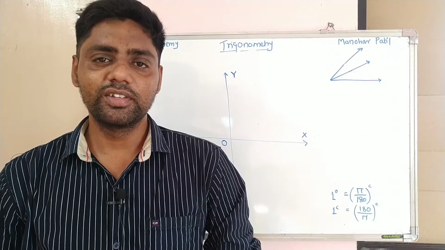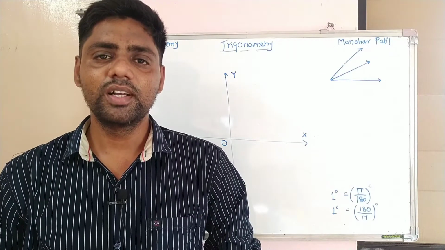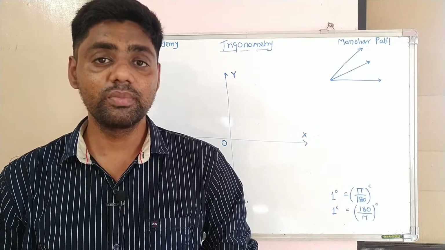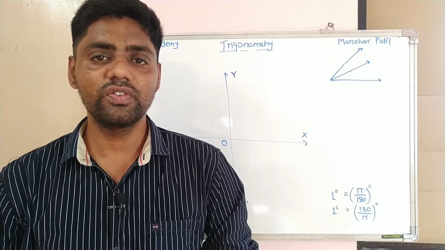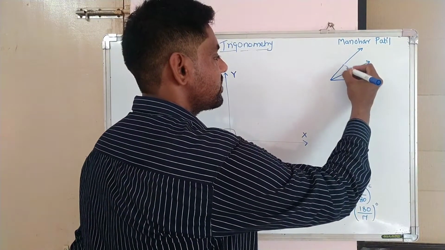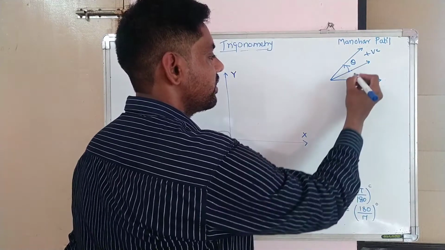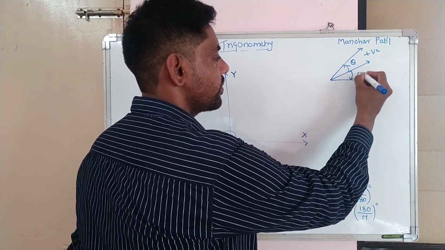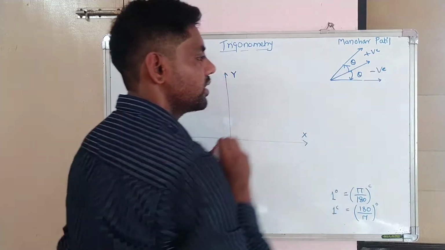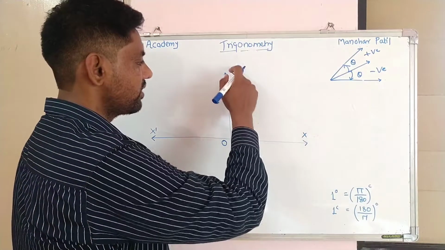Now we study the representation of angles in the quadrant form. Before that, you must remember the sign convention of angles. The anticlockwise sense of rotation must be taken positive, and the clockwise sense of rotation must be taken negative. Here this is the quadrant system, with x axis and y axis.